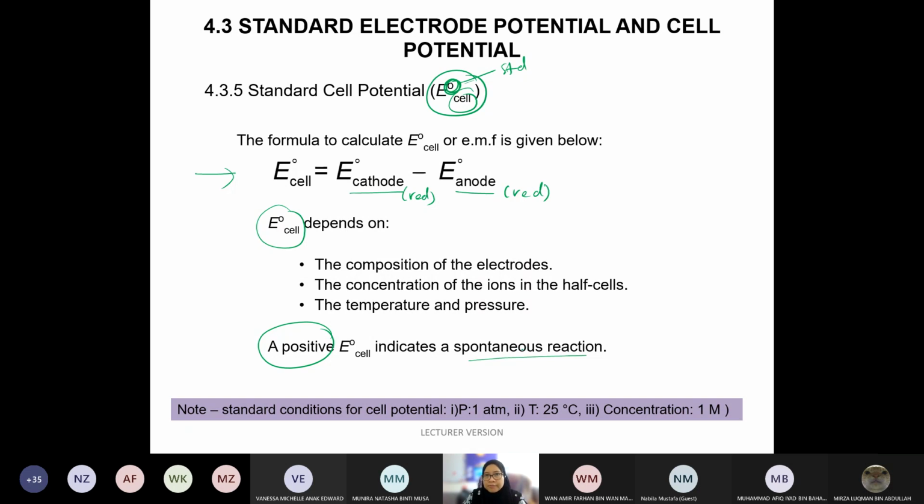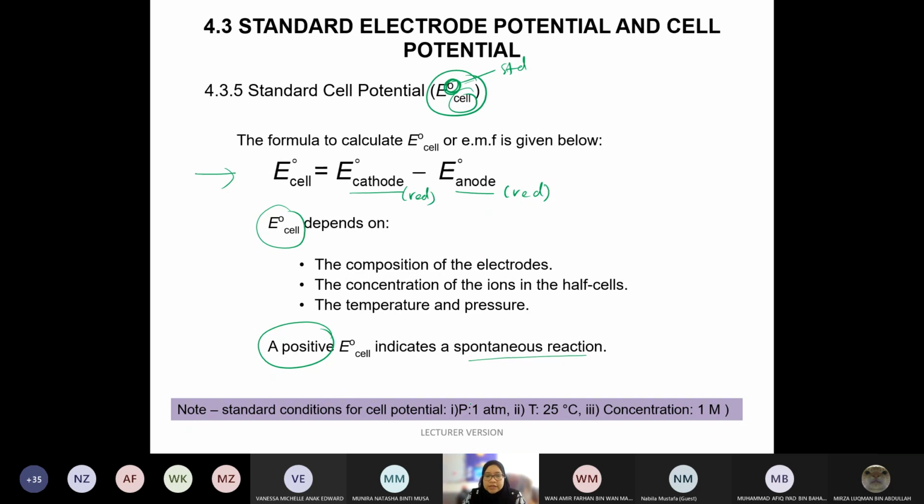I mean, it will happen naturally lah. The flow of electron ataupun the reaction will take place spontaneously ataupun naturally. Naturally maksudnya dia just based on the difference in electrode potential. And then if they sense the difference in electrode potential, dia akan flow.